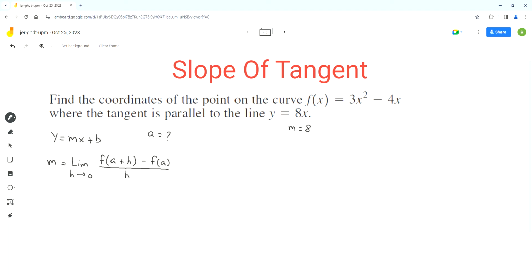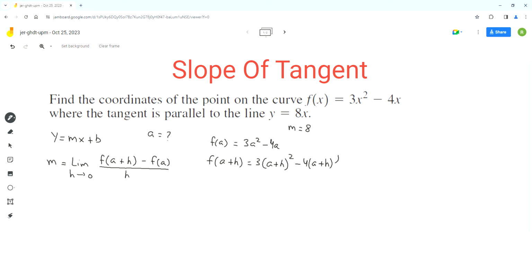Now we can find the expressions for f of a plus h and f of a. The given function is f of x equals 3x squared minus 4x. So f of a will be equal to 3a squared minus 4a, and then f of a plus h will be equal to 3 times (a plus h) squared minus 4 times (a plus h).